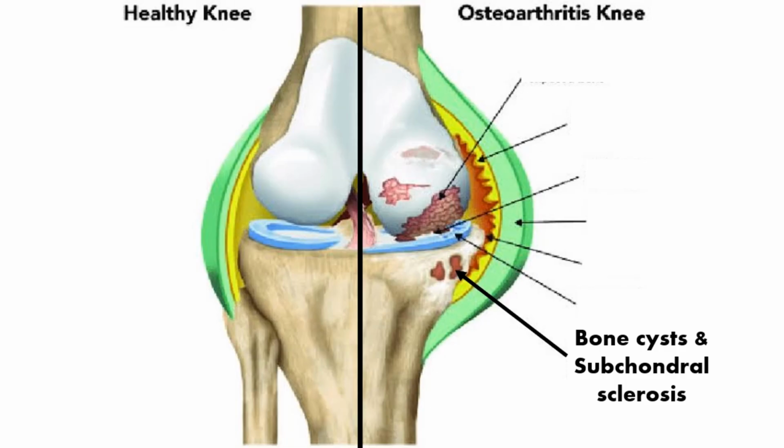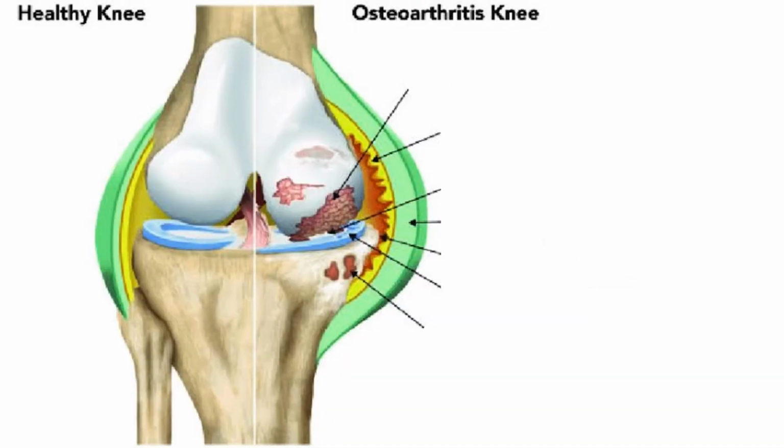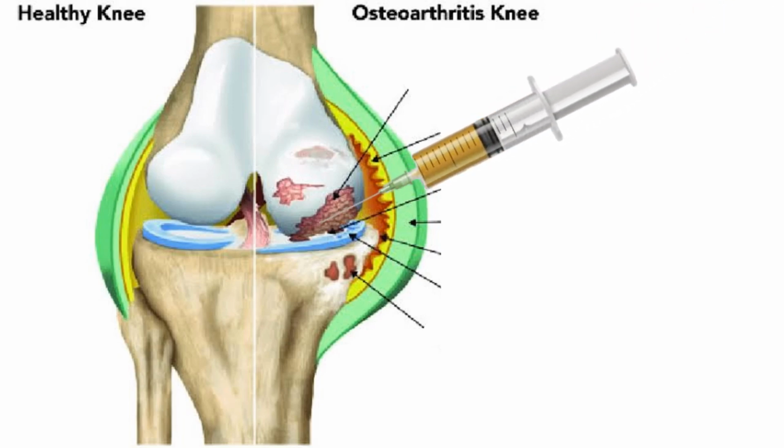Right? So all these things I have described are what happens inside the capsule. Therefore, to treat these conditions, it is important that whatever you are using for the treatment has to be introduced right inside, piercing through this joint capsule into the joint space.